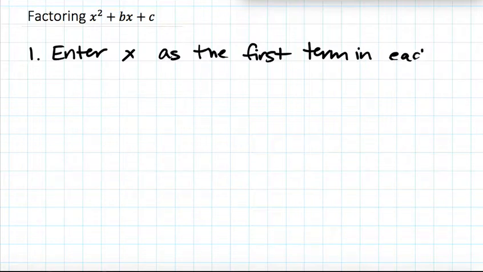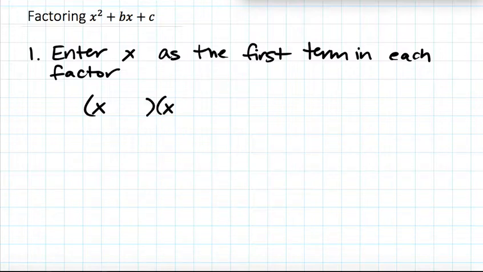So each factor is going to be x plus or minus a number, we'll fill in later, and then x plus or minus a number. So that when I do the F part of FOIL, I get x times x, which is x squared.